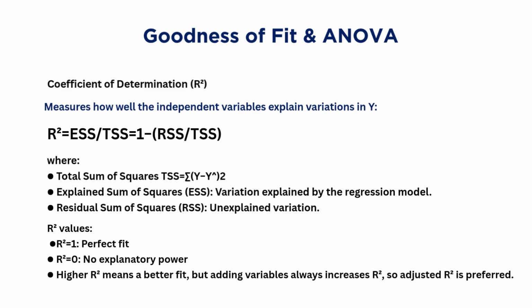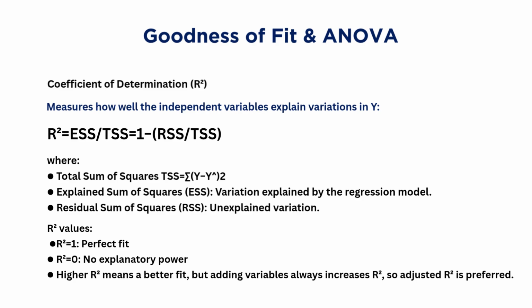If the value of R square is equal to 1, it is a perfect fit, and if R square is equal to 0, there is no explanatory power. A higher R square means a better fit, but adding variables always increases R square.